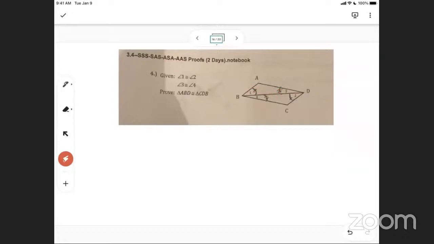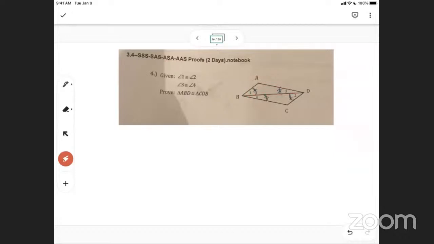That's how you name it. You can't jump. You can't say angle, side, because then you would have skipped a side and angle and another side if you went this way. You have to go in the direction of what you have.